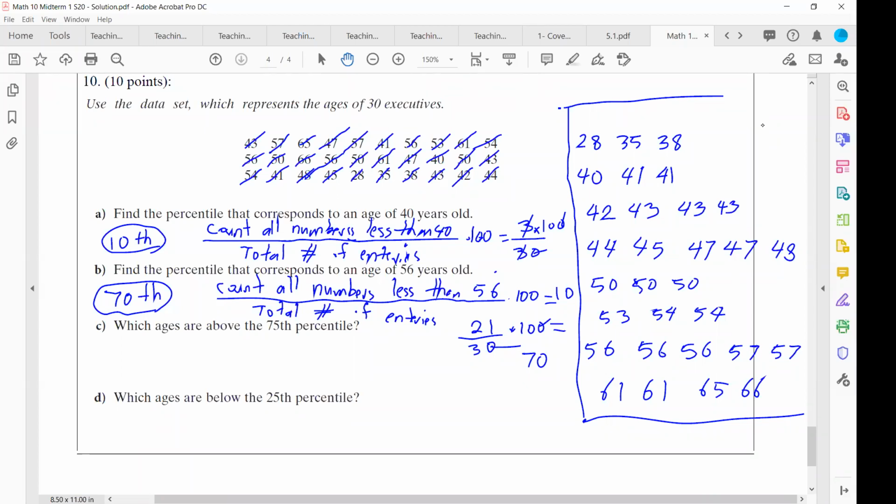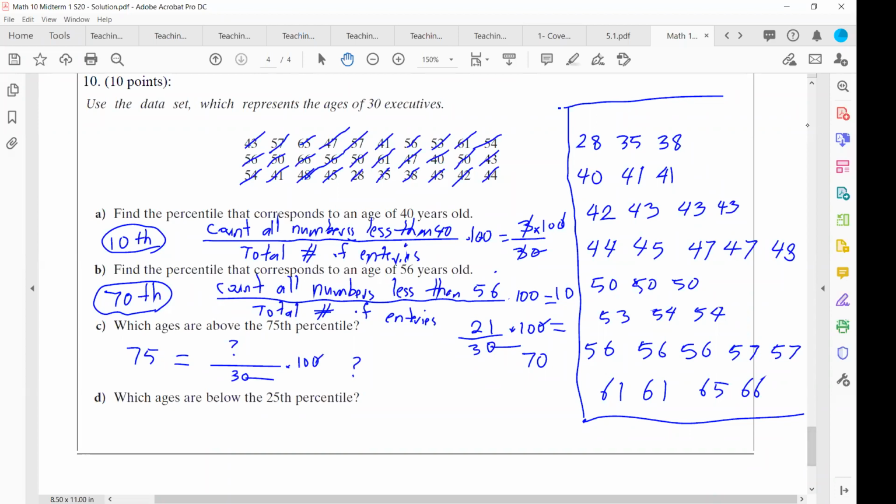The percentile is given, so the 75th percentile is given. You need to find that missing value, x, the total number of values less than the given value, so you can write it as a question mark, divided by the total number of values in your collection, which is 30, and then you multiply it by 100. So you can simplify this. You can cancel out 0 and 0.